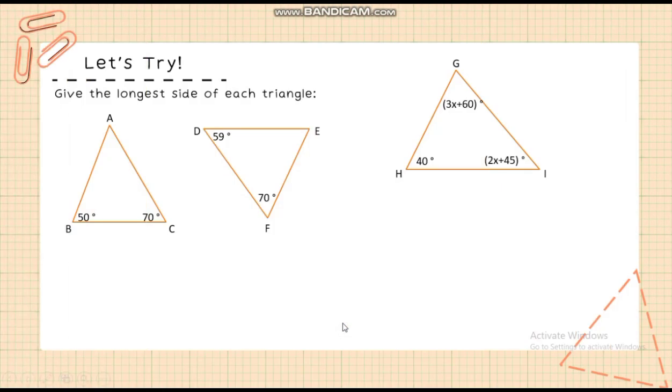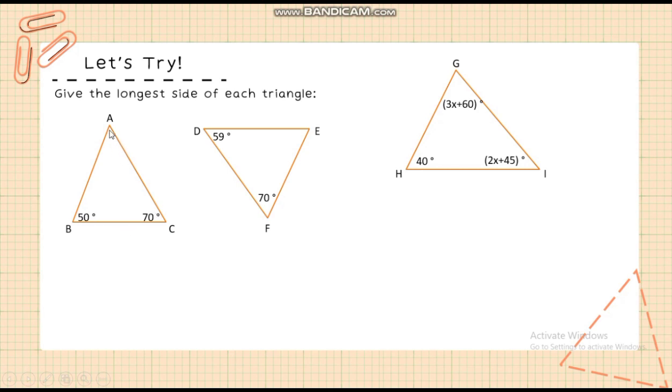Now let's try to answer this. Give the longest side of each triangle. Now we're going to identify the longest side of each triangle, but it has a missing value. Angle A has the missing measurement. We are going to identify first the measurement of angle A for us to be able to identify which is the largest angle, to identify which side is the longest.